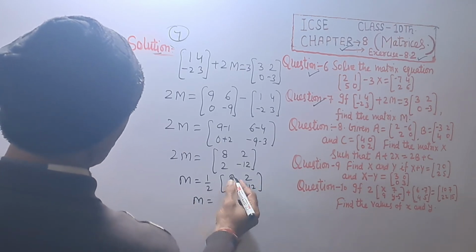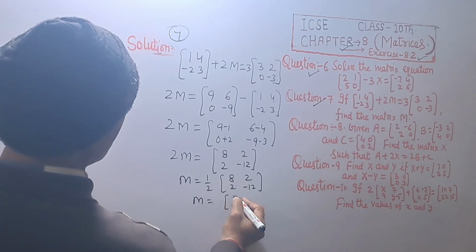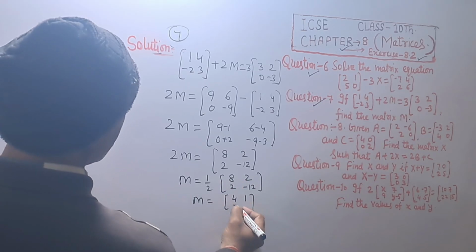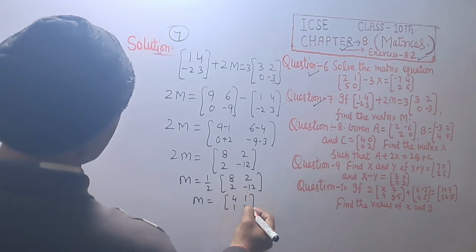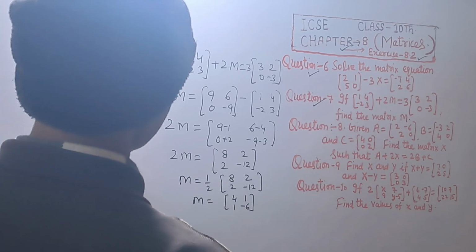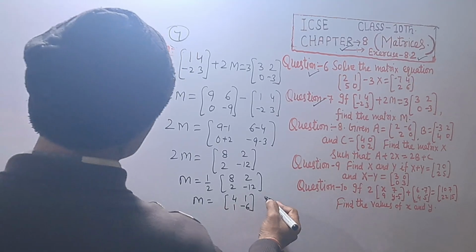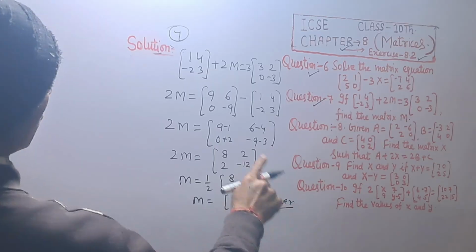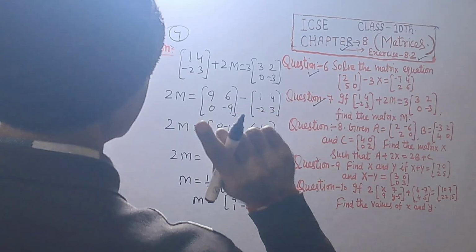So we get the value of m: 8 divided by 2 equal to 4, 2 divided by 2 is equal to 1, 2 divided by 2 is equal to 1, minus 12 divided by 2 is minus 6. So the value of m is equal to [4, 1; 1, -6].